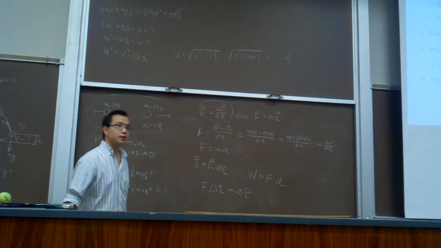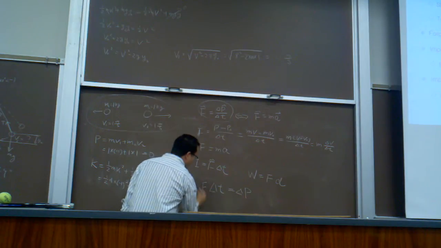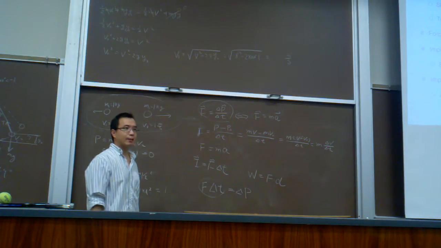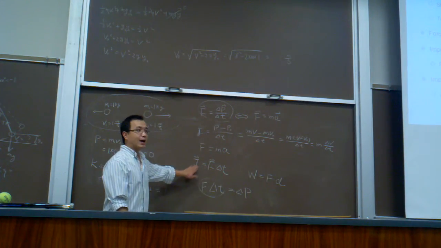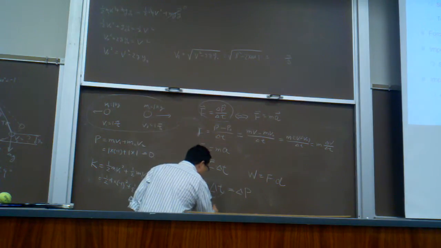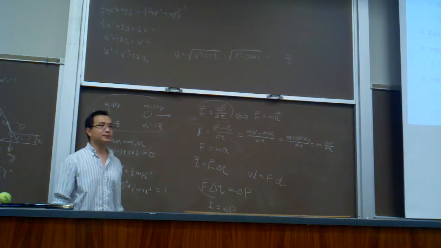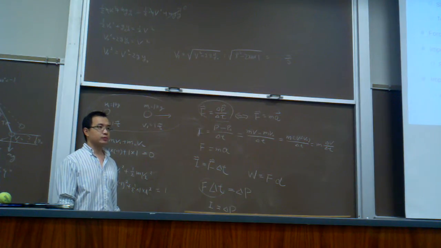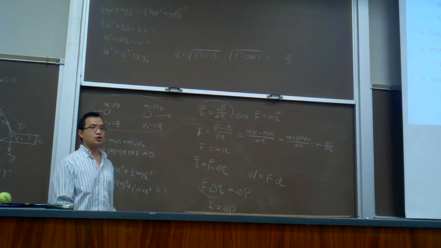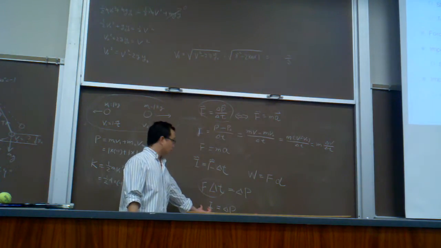And this one, we give it a name. The force multiplied by delta t is the impulse. So we simply say that impulse equals the change in the momentum. We just want to characterize the change in the momentum, so we give it a quantity I.